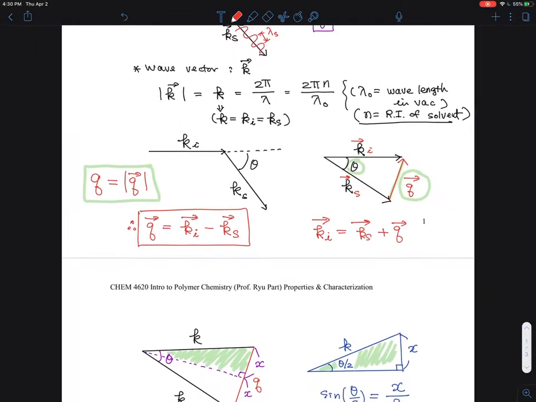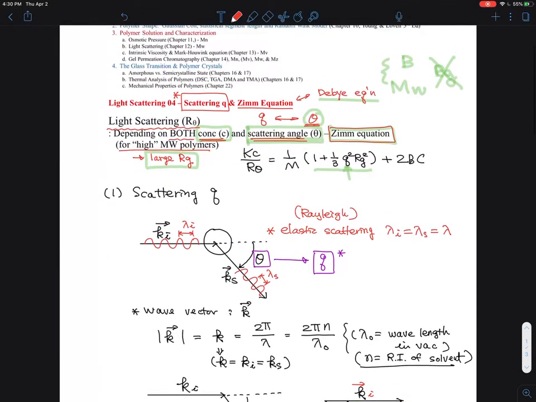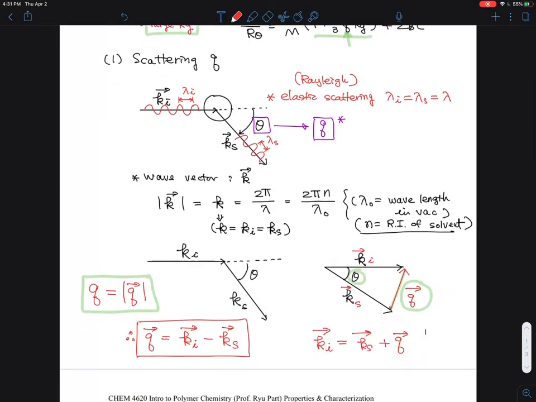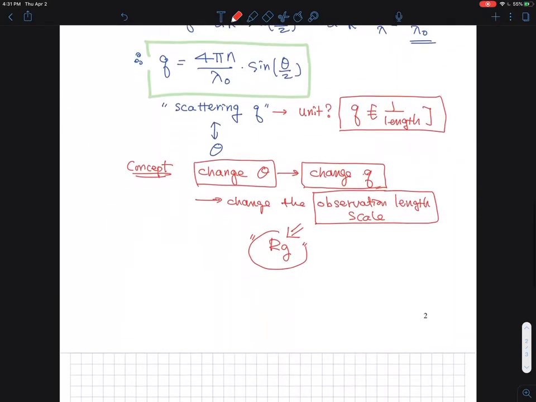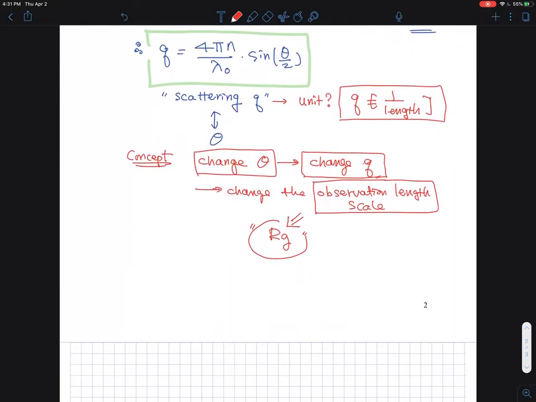And then, as I promised, going back to our original plan, I'm going to talk about the Zimm equation in a brief way. So let me elaborate on what I have said so far about Q. Number 2 here is the Zimm equation, and I want to talk to you about this.